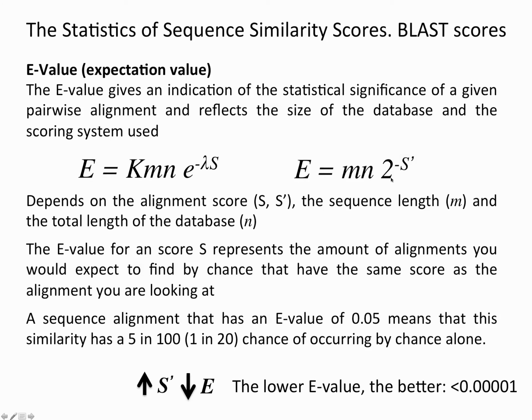As you can see from the formula, since a large score is less likely to be obtained by chance than a smaller score, larger bit scores correspond to smaller E-values.